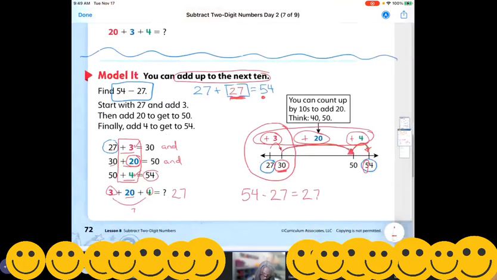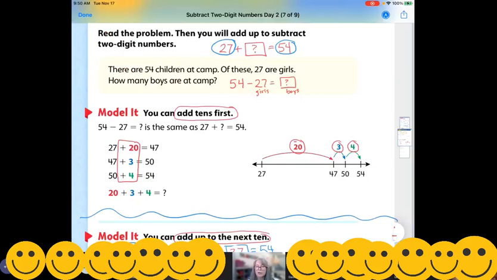Going to come back down here. We also added 20 plus 3 plus 4. So we still added the same amount on our number line. They just added it in a different order. So this is what they did. They started their number line at 27, just like we did on the other number line.